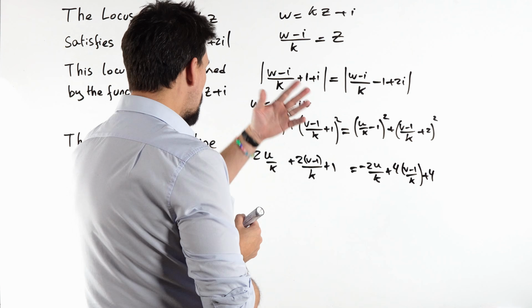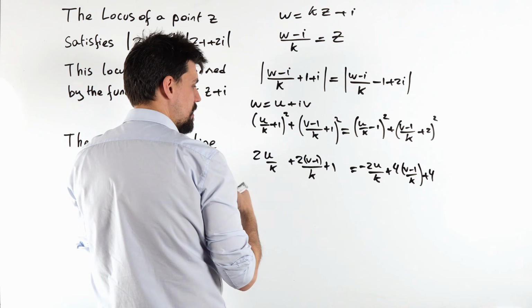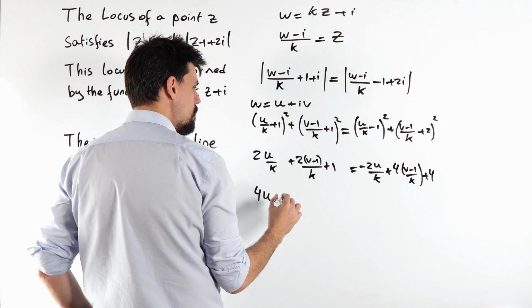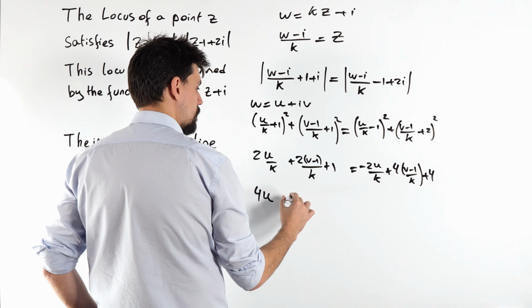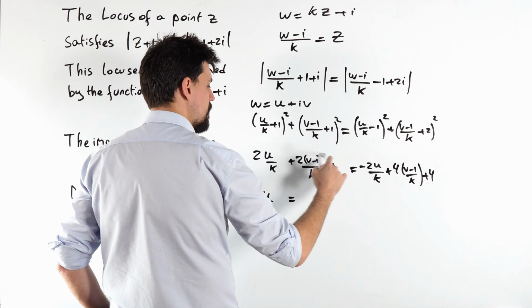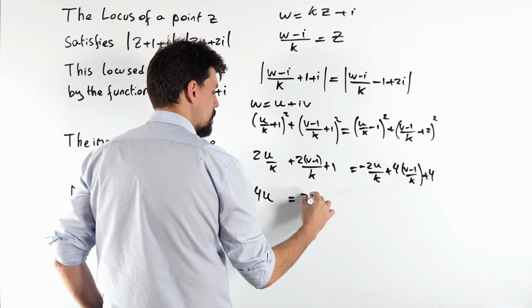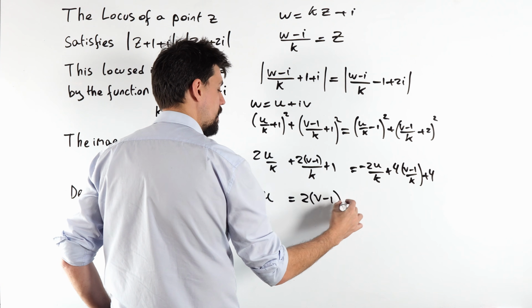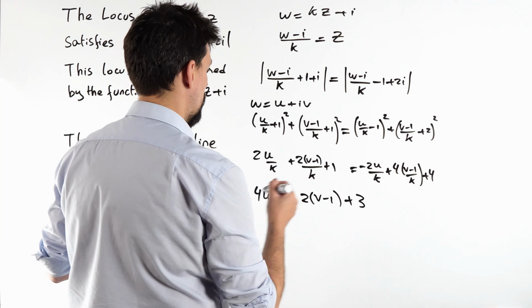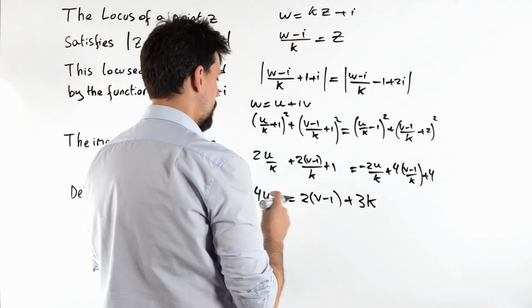Let's times everything up by k, bring that over to this side. So let's bring that over and multiply everything by k. So I end up with 4u is equal to, now I've got 4 lots of v minus 1, take away 2 lots of v minus 1. So that will be 2 lots of v minus 1 plus 3k.